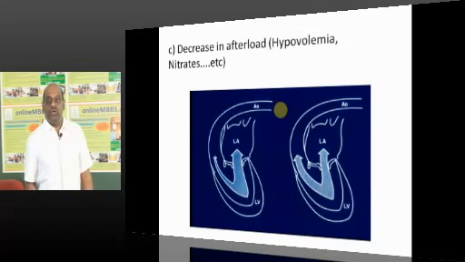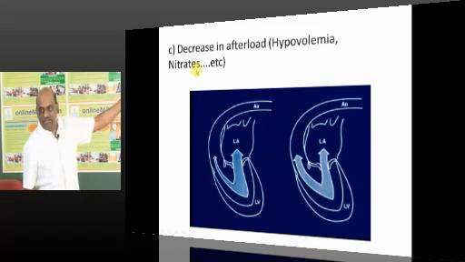Bad. So nitrates are bad for HOCM. Nitrates decrease the preload, that is also bad for HOCM. Two ways nitrates are bad for HOCM. Nitrates being vasodilators, they typically lead to a decrease in afterload.